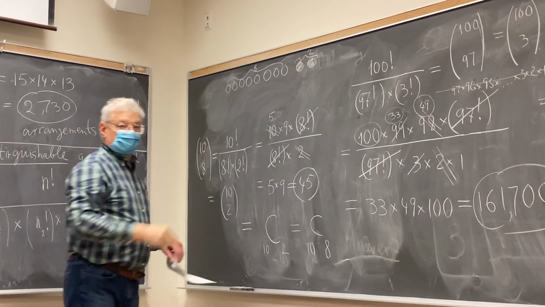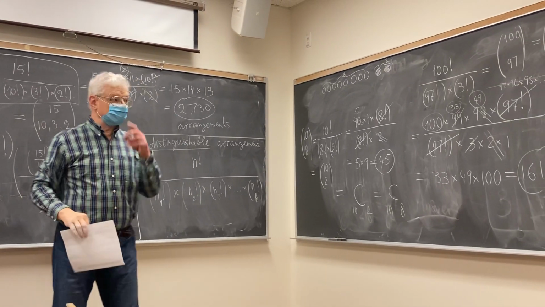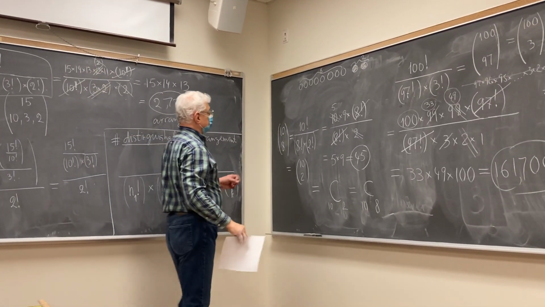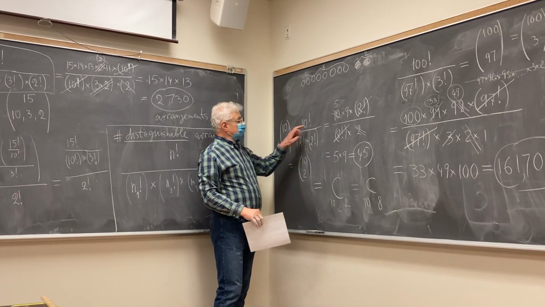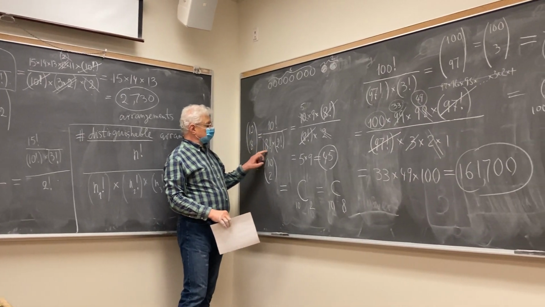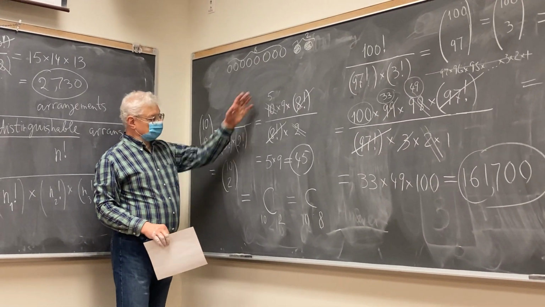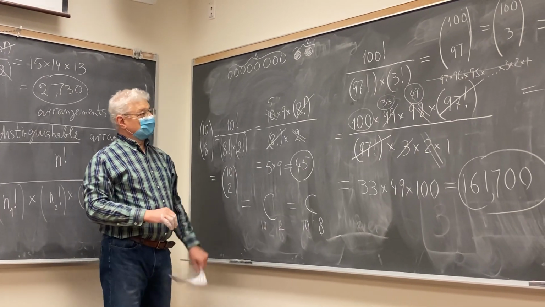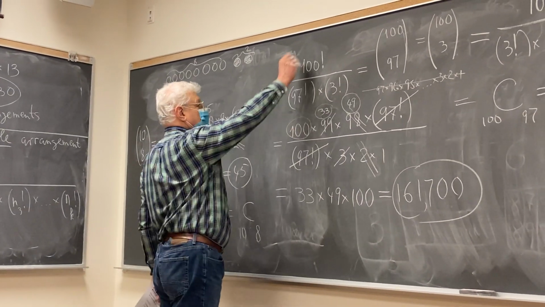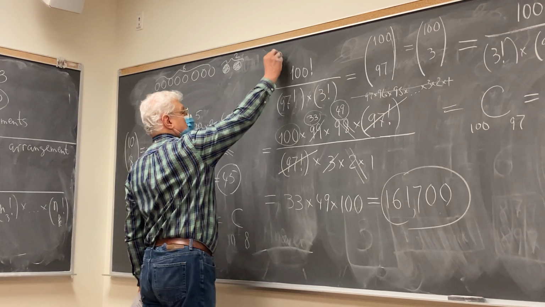And then I rearrange them. So how many ways could I do this? The total is 10. 10 factorial divided by 8 factorial, and then 2 factorial. And then we calculated 45. Okay, here you have 97 white marbles.